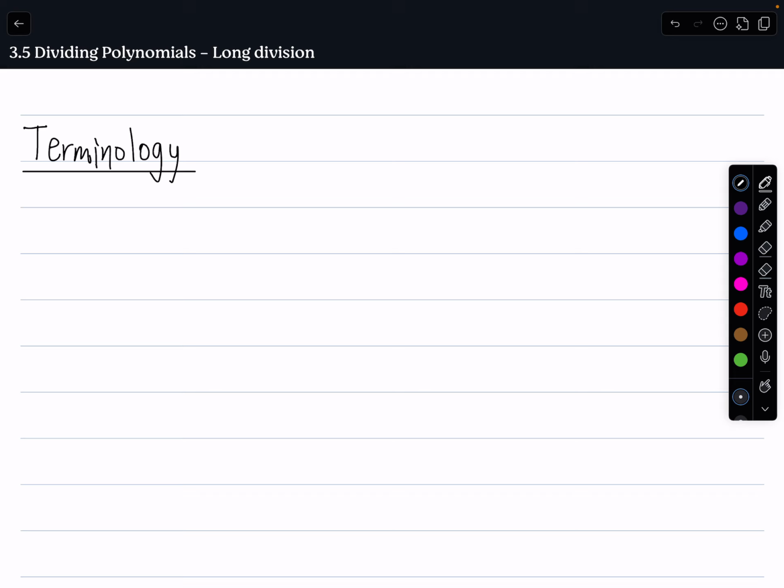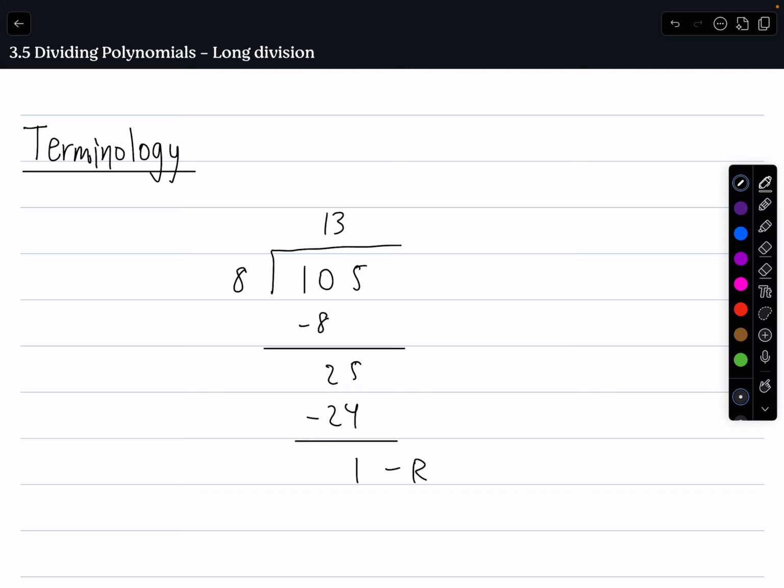You can look at it like this: you have a number being divided by a number, and it gives you something at the top, and then we divide, and what we're left with is a remainder at the end. So this is long division as we know it.